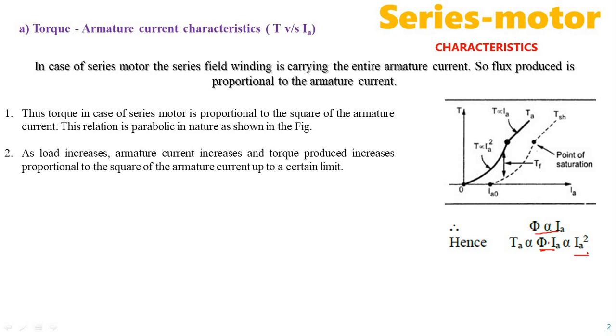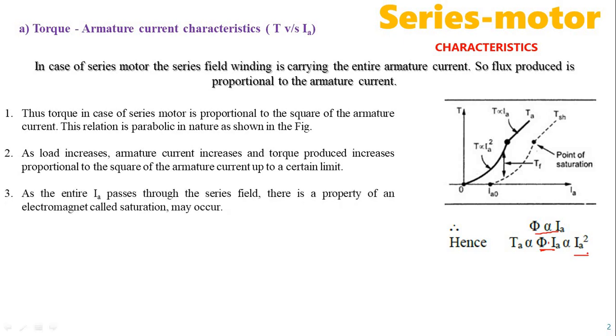Like that here also, when the armature current increases, torque is going to increase till it reaches the saturation limit, or a certain constant limit. Once it reaches the saturation limit, the torque becomes constant, and torque is directly proportional to only armature current.